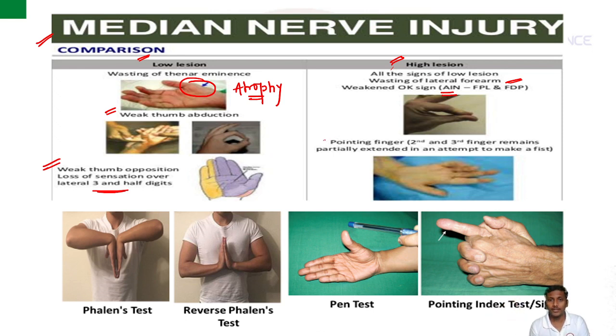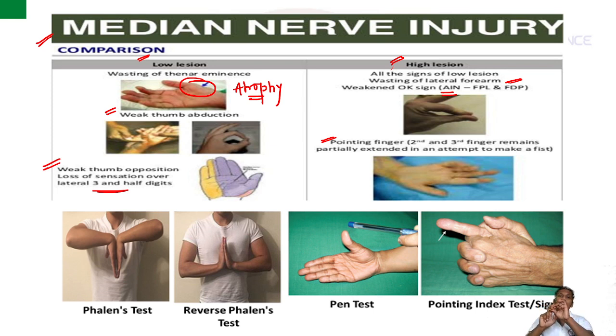Along with that, we can see two important findings, that is a benediction hand or a pointing index sign. Whenever we ask a patient to make a fist, usually the first, second and third, mainly the second and third fingers, could not flex properly, as flexion of these interphalangeal joints is done by the first and second lumbricals.